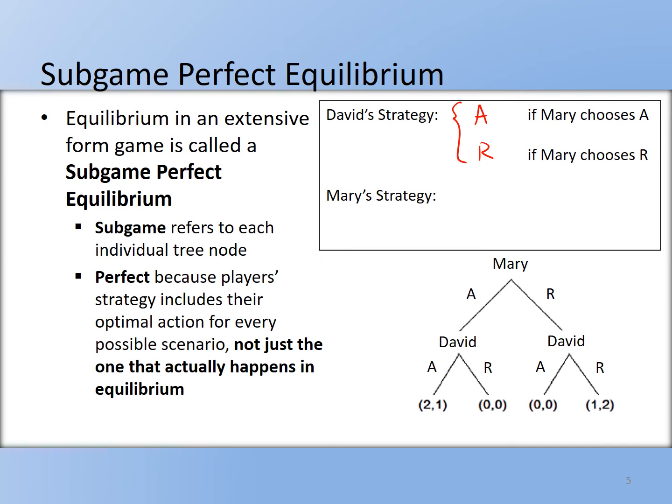Mary's strategy is a single action because she is the one who moves first. So in her case, she's simply going to choose R. Right? So that's the subgame perfect equilibrium.